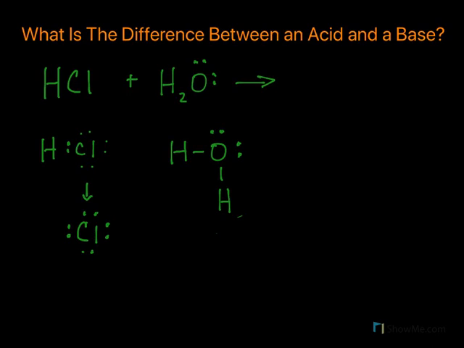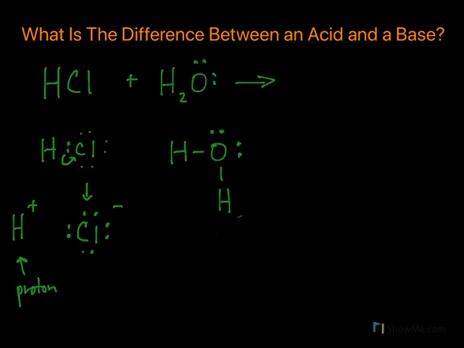It wants to take that electron and keep it near the chlorine atom, because of chlorine's high electronegativity. And hydrogen will be left alone. All it will have is a proton. Chlorine is negative here because it took that electron from hydrogen. And hydrogen has become net positive because it lost its electron to chlorine. So we know this is going to happen, and this obviously is a proton.